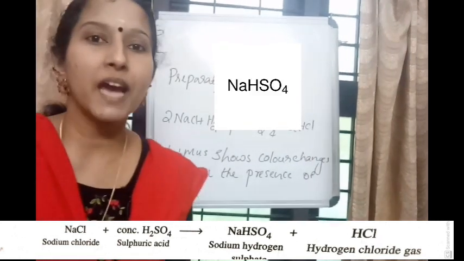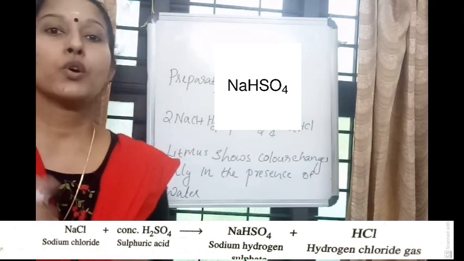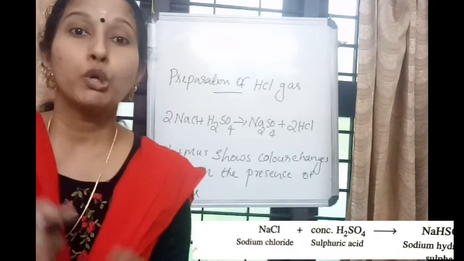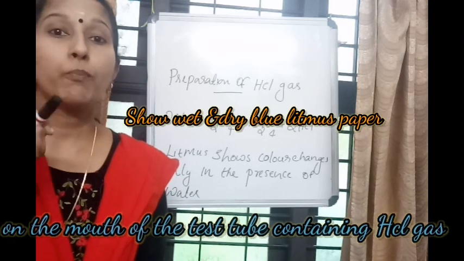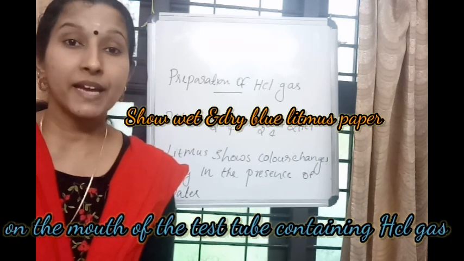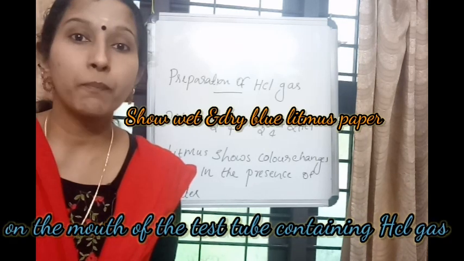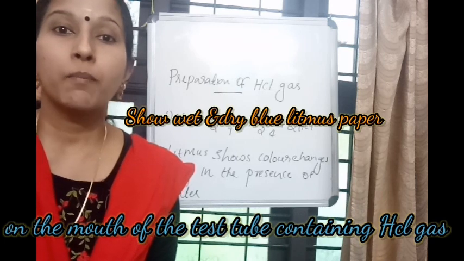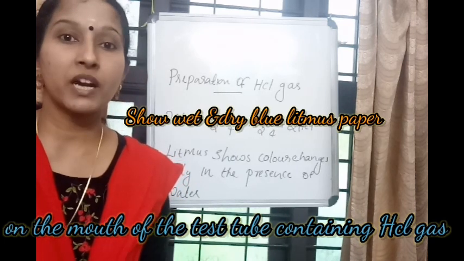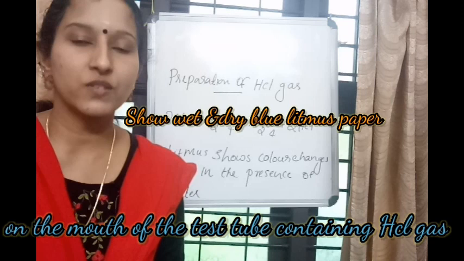Okay, so your next task is to show wet blue litmus paper and dry blue litmus paper at the mouth of the test tube which contains hydrogen chloride gas.